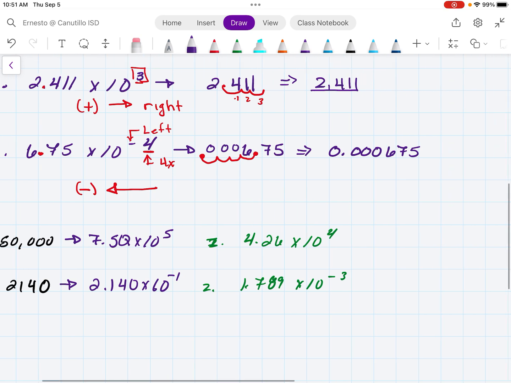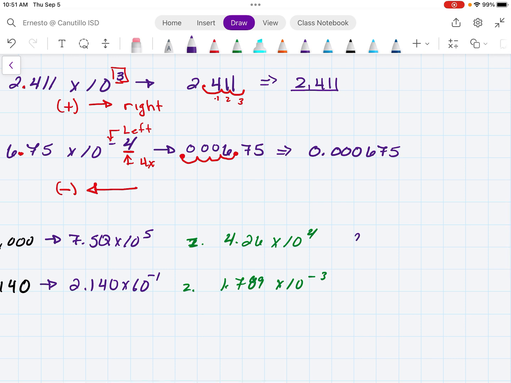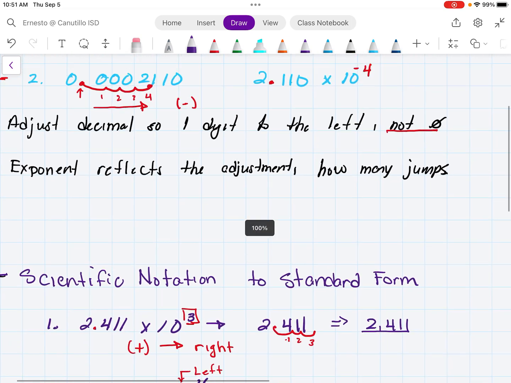Here, we're going to end up with 42,600. And here, we're going to end up with 0.001789. If you got those correct, then you figured out how to do this. Okay, let me know if you have any questions.